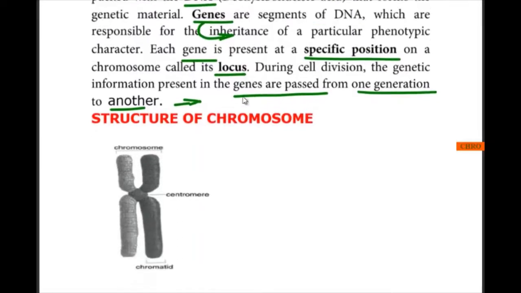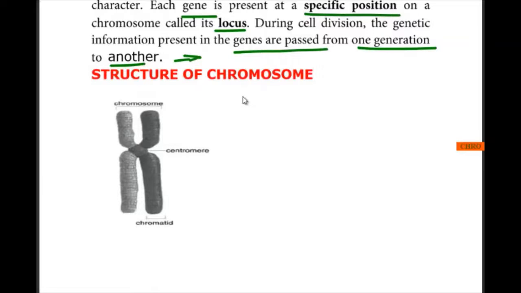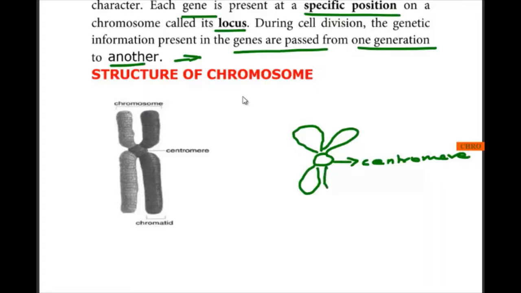During metaphase we can see a chromosome. What is a chromosome? It is a rod-shaped structure. A chromosome has a central part, we call it a centromere. In this centromere, we see two rod-shaped structures. Each one we call a chromatid, plural chromatids.